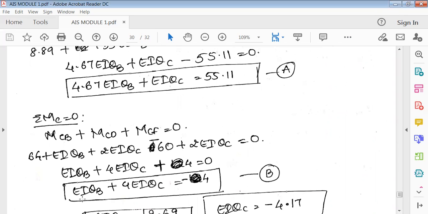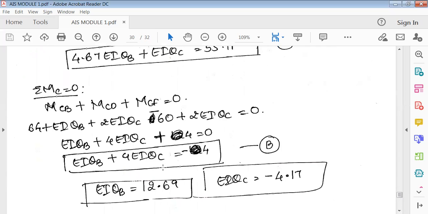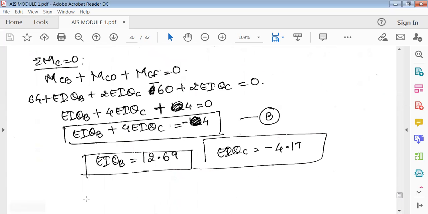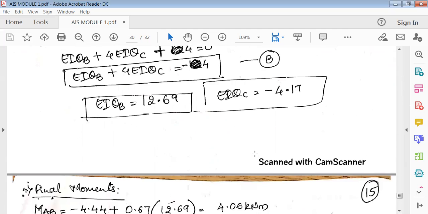So again, keep it in the form EI theta B plus EI theta C minus a constant value. So these are the two equations. Now put these equations in the Cal C and solve this, and you'll get the value of EI theta B and EI theta C. Again, be careful with the signs of theta B and theta C.